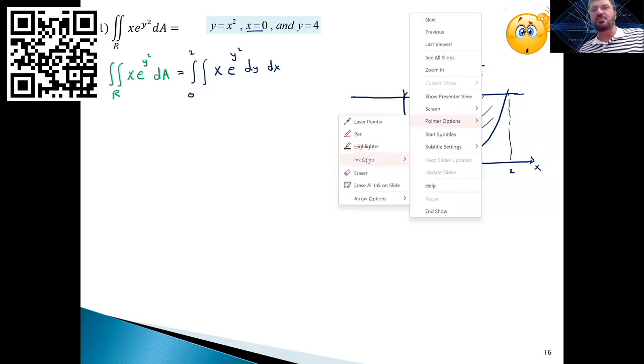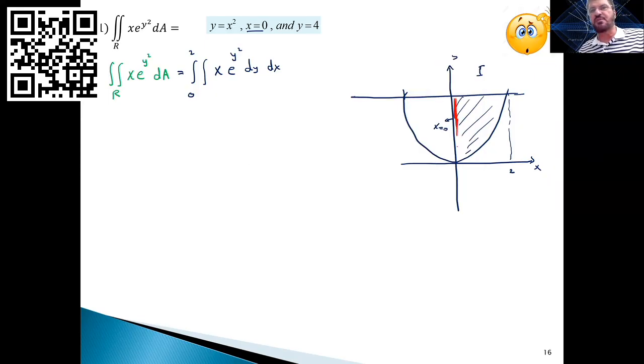The sector is going to be a vertical sector, region of type 1. So it's going to start from 0 to 2. How about the length? Who's at the bottom? This is y equals x squared to the top, which is y equals 4, right? Because this is our region. Y equals 4.